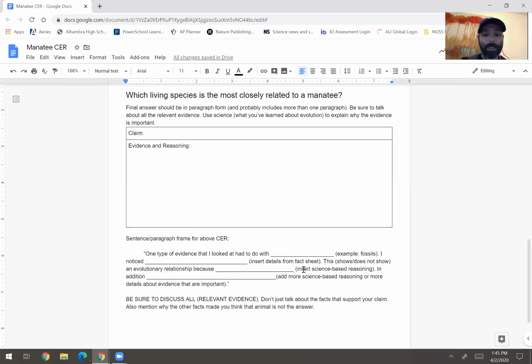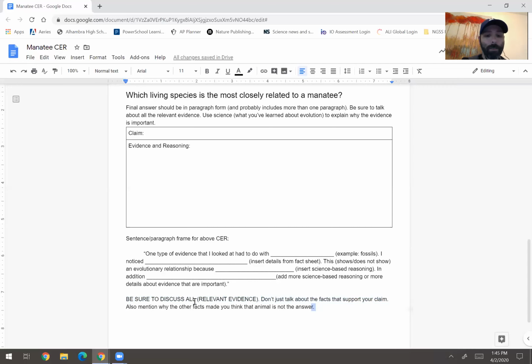I'm leaving these blanks because that could be anything, right? And so your job is not just to say, here's all this evidence. It's to stop and talk about each piece of evidence. One of the tricky parts, once you get the pattern down, is this part where it says discuss all the evidence. So don't just talk about the few things that support your claim.